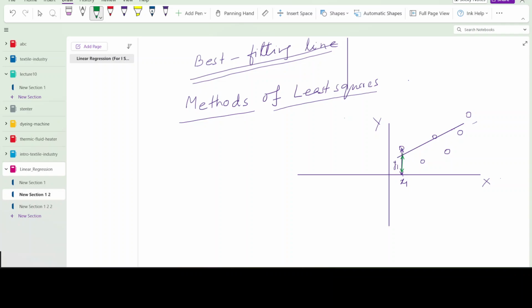So the difference, this vertical distance d1, is known as deviation or error or residual.